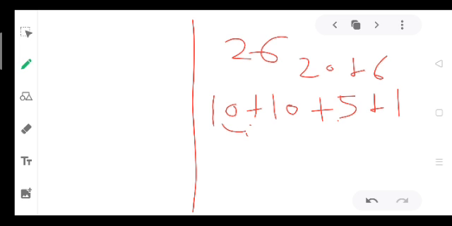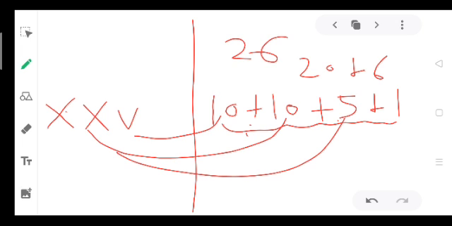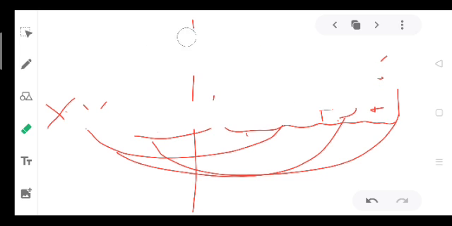So for all these we have the Roman numerals. For this 10 we will write X. For this 10 we will write one more X. For 5 we will use the symbol V, and for 1 we will use the symbol I. So it becomes XXVI. 27.